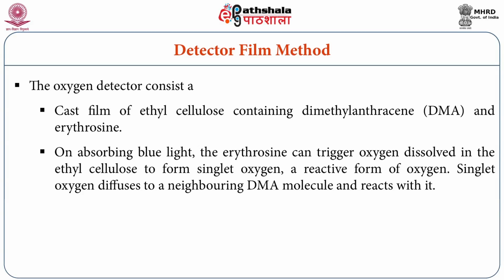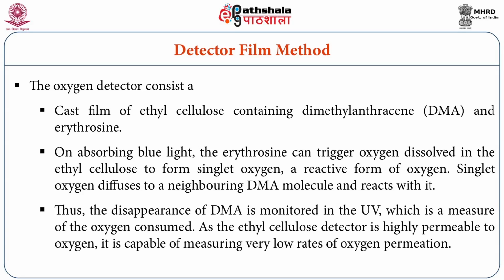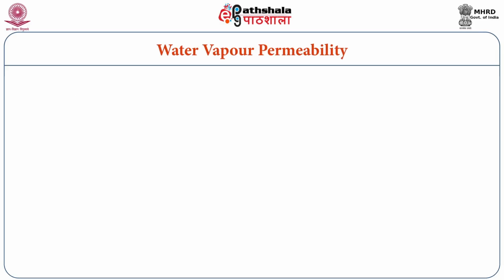Singlet oxygen diffuses to a neighboring DMA molecule and reacts with it. The disappearance of DMA is monitored in the UV, which is a measure of oxygen consumed. As the ethyl cellulose detector is highly permeable to oxygen, it is capable of measuring very low rates of oxygen permeation. Now, we will discuss water vapor permeability.